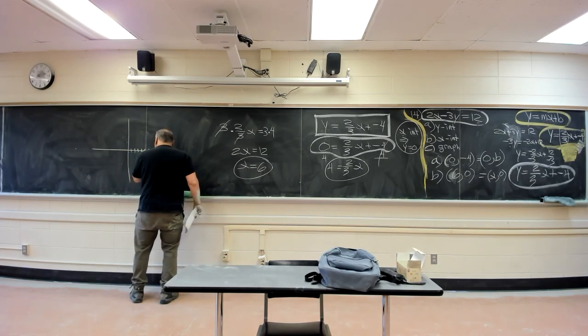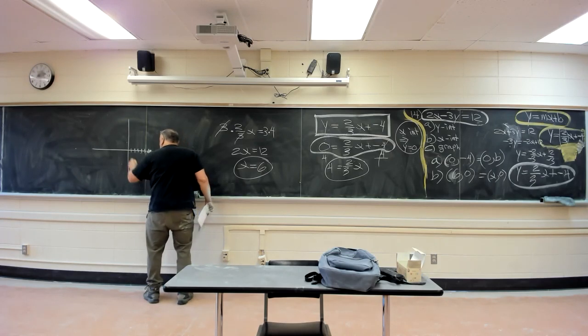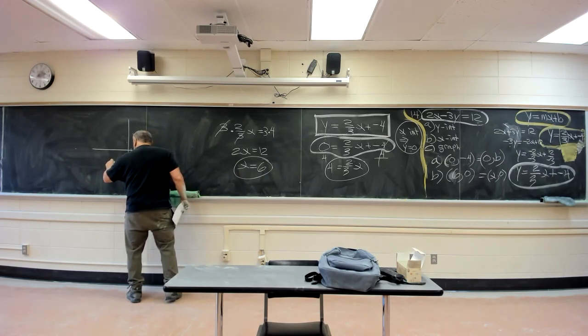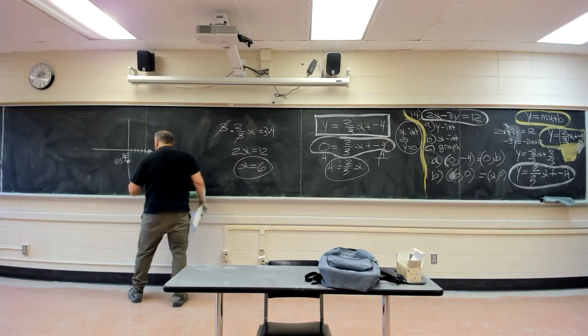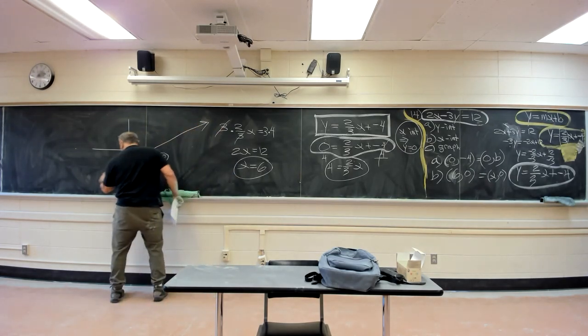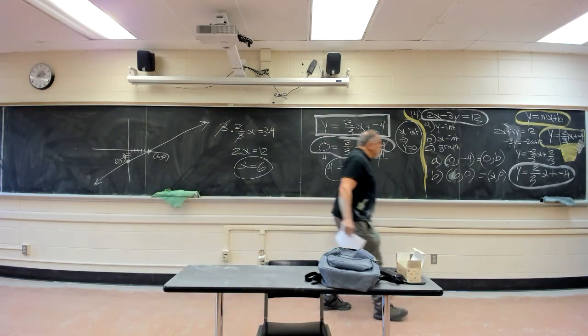This is 6 comma 0. 1, 2, 3, 4. This is 0 comma negative 4. Two points determine a line. There's your equation of the line.